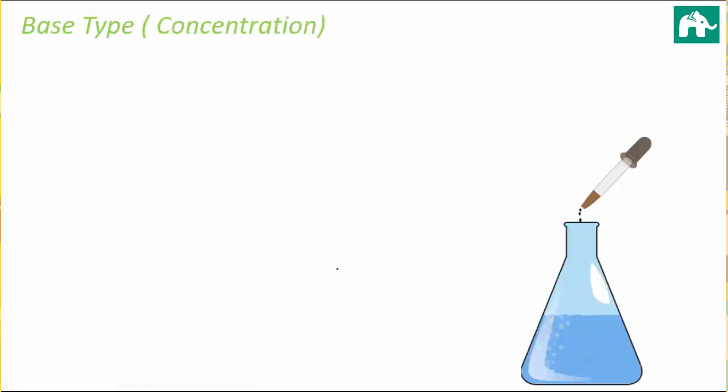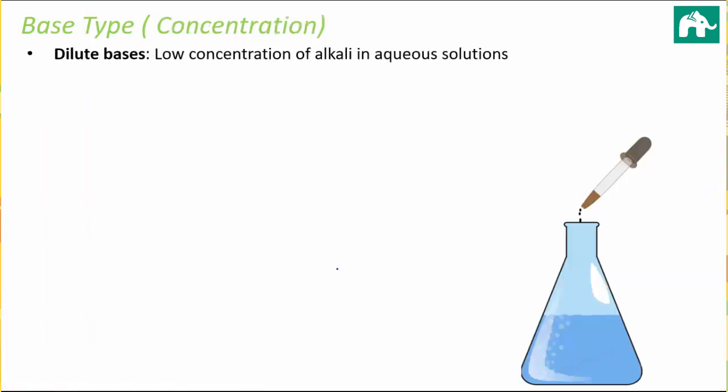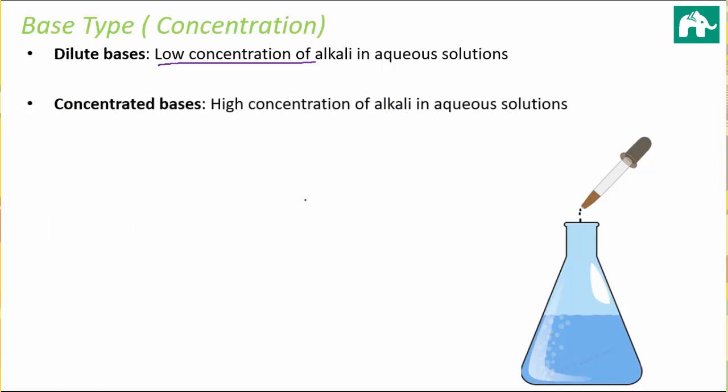Let's talk about dilute bases and concentrated bases. So dilute bases have a low concentration of alkali, that is the base, in aqueous solutions. The concept is exactly the same as in dilute and concentrated acids. So examples of dilute bases could be any base which is in the dilute form, like a lot of water has been added to it.